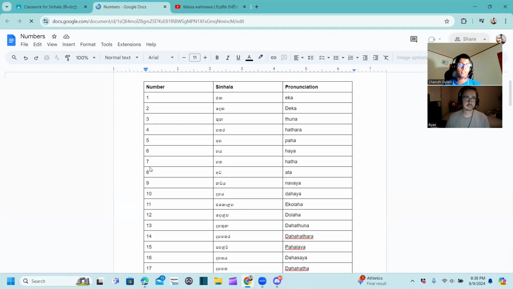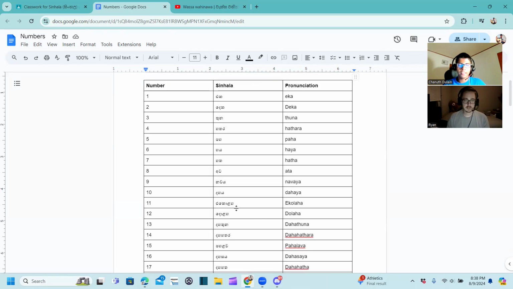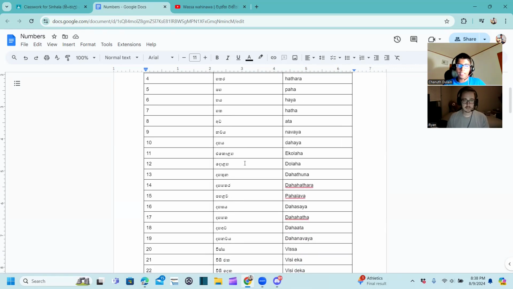Okay, so we have "Eka." Try to read it. Eka. Deka. Tuna. Hatara. Paha. Haya. Hata. Ata. Navaya. Dahaya. Good. Then "Ekolaha, Dolaha, Dahatuna, Dahahatara." Try to read it until 20.